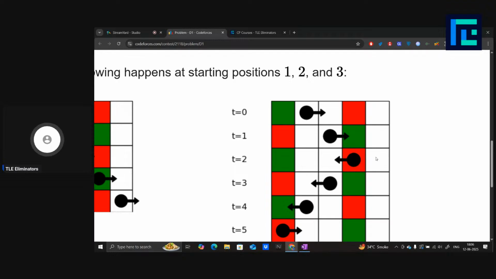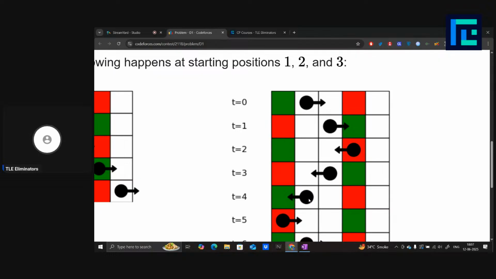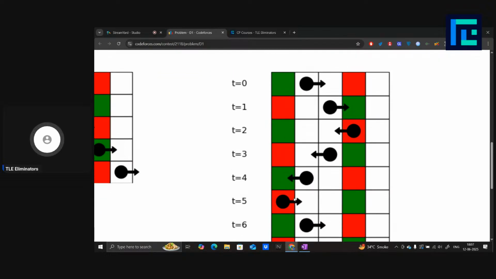We are facing right. But now the red light is here, so we have to flip. So we flipped, and we went here. Now this is again not red, so we moved ahead. Again this is not red, so we moved here, and this is red, so we have to flip. We cannot just go outside.